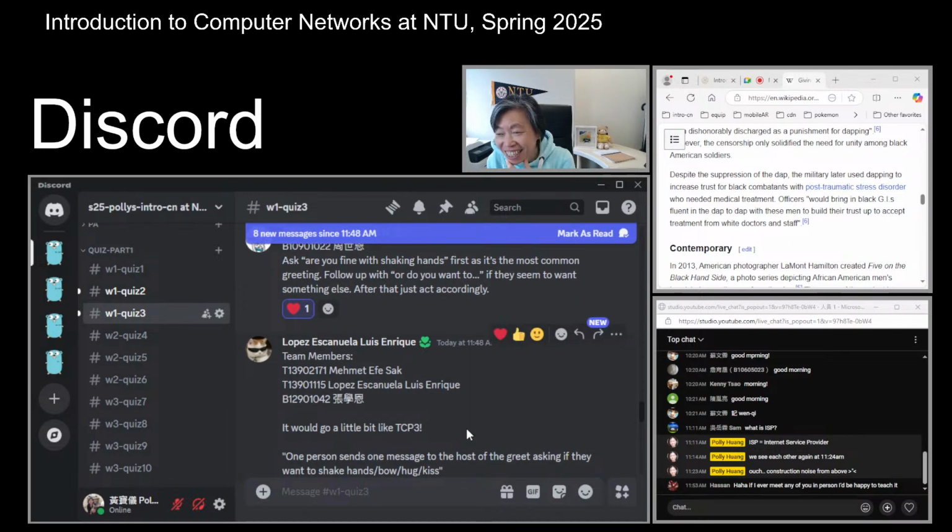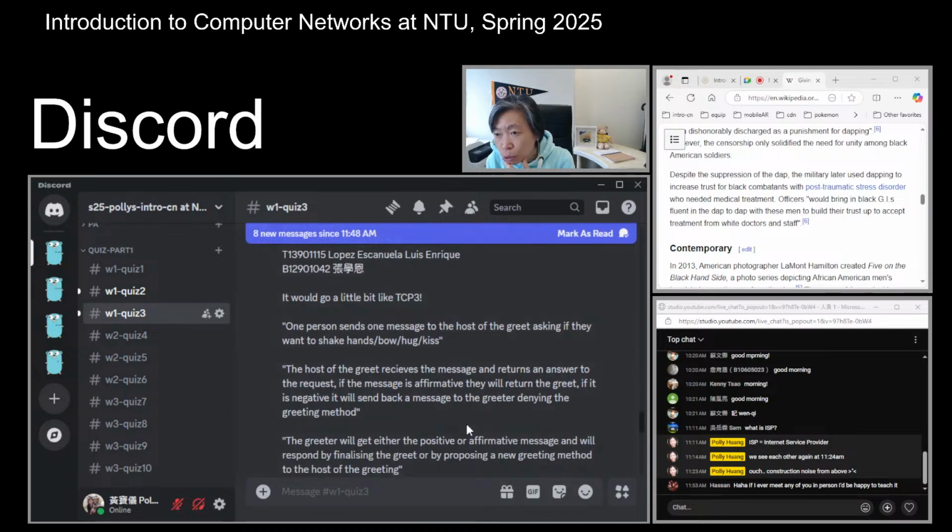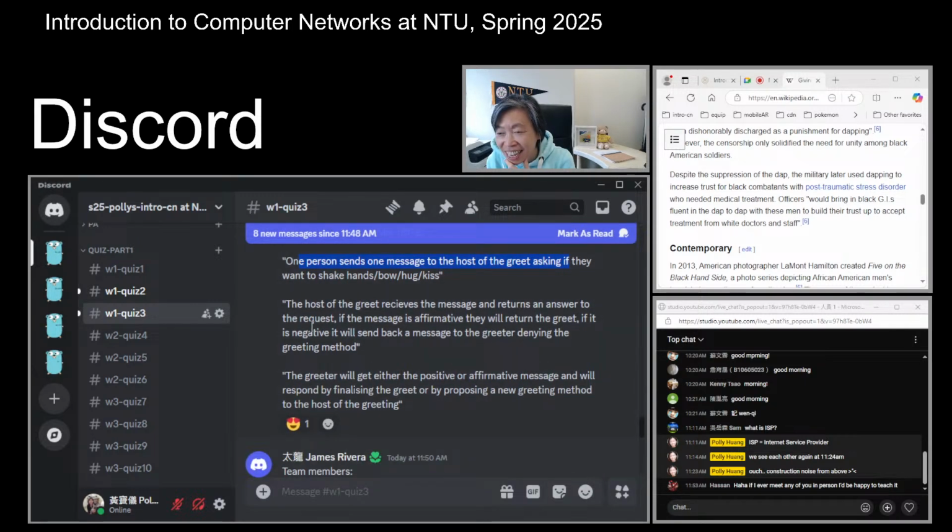Shaking hands. And then this is a team from Mehmet, Lopez and Xuan. TCP3. Okay. One person sends one message to the host of the greeting, asking if they want to shake hands. The host of the greeting receives the message and returns an answer. If it's negative, send back a message to the greeter denying the greeting method.